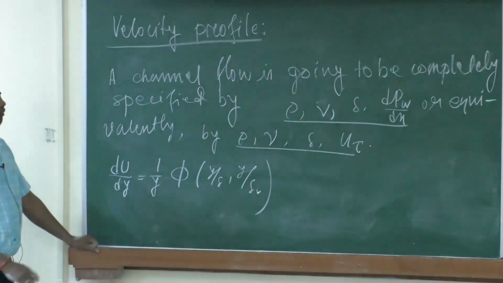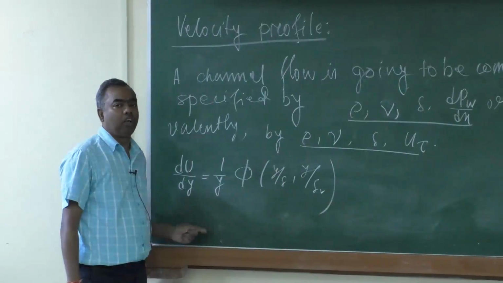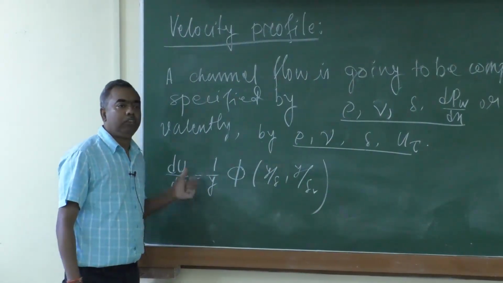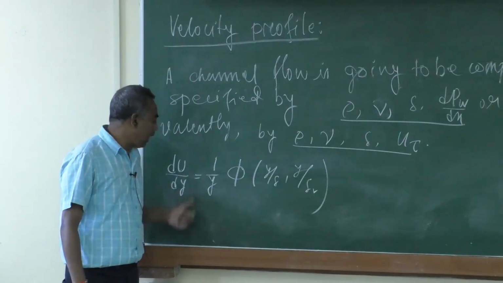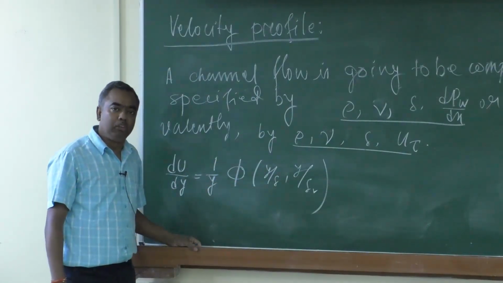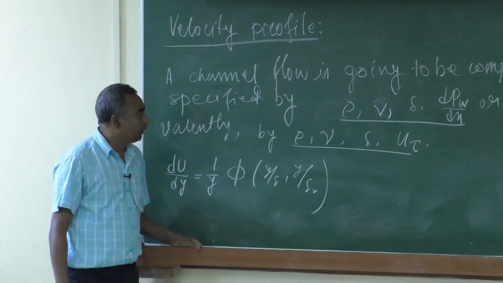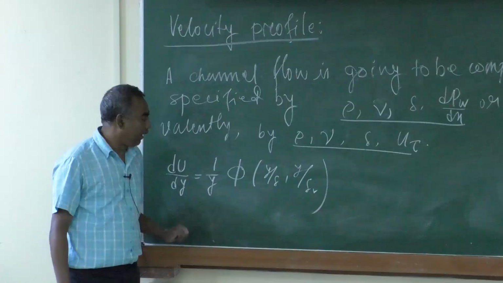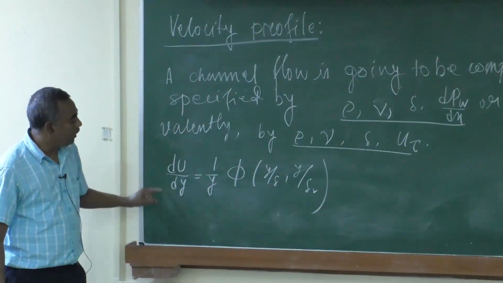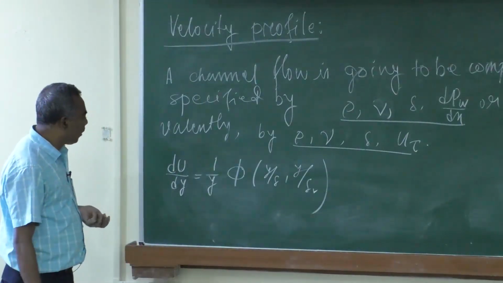So, instead of writing the mean velocity as a function of some non-dimensional parameters, we can write the gradient of the mean velocity itself in this fashion, and that also based on completely non-dimensional grounds. So, without any assumption we can write this particular equation. This is one interesting point to note.